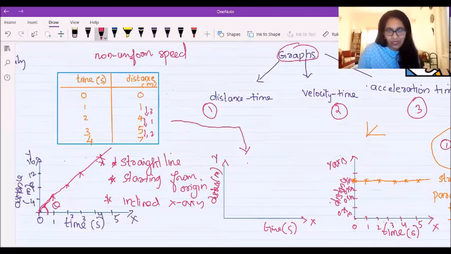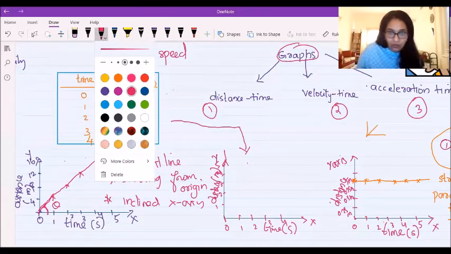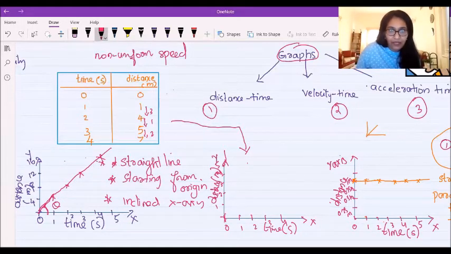Okay, I am not going to plot all. Let me take another color, because too much pink. Then 0, 0. Then 1, 1. Then 2, 4, which comes somewhere over here. Okay. 3 becomes 5, like that.